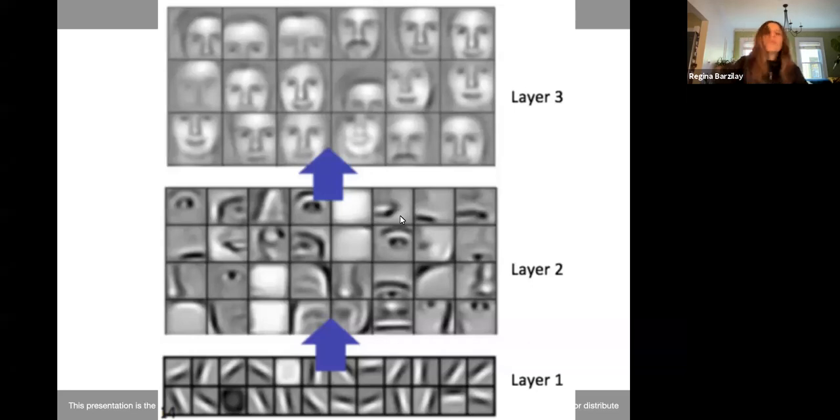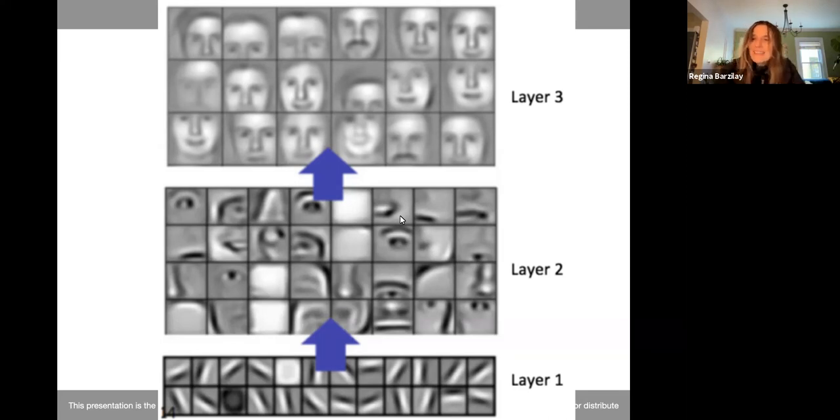Here I am showing you a network that is trained to recognize faces. The only thing that this model had is just examples of faces. Nobody told this model that a face actually has eyes and ears and lips and so on. But if you look at which type of images activate what kind of patterns each layer of the network learns, you can see that the very low layer of the network learns very simple patterns.